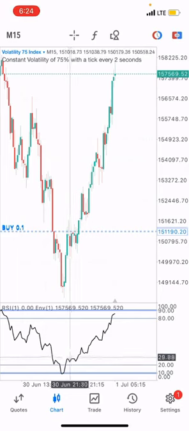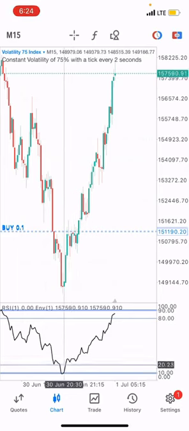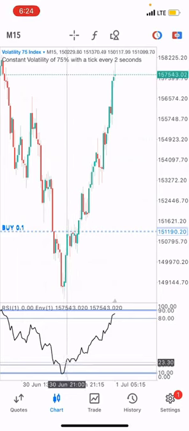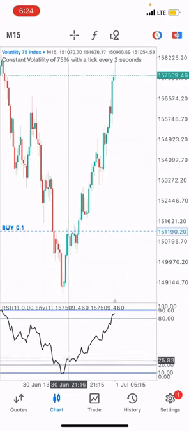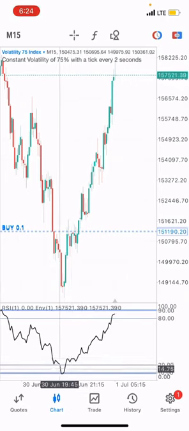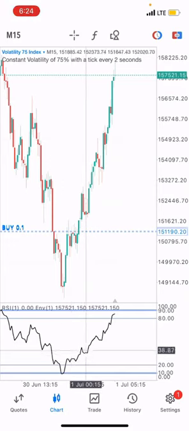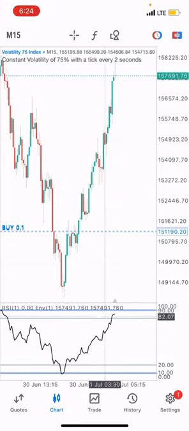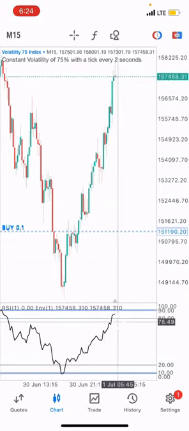So what you need to do is you have to wait for this envelope, which is the black line. You have to wait for the envelope to cross the 20 level before you make your entries. The moment the envelope crosses the 20 level, just enter for a buy. So your take profit is going to be the 80 level.